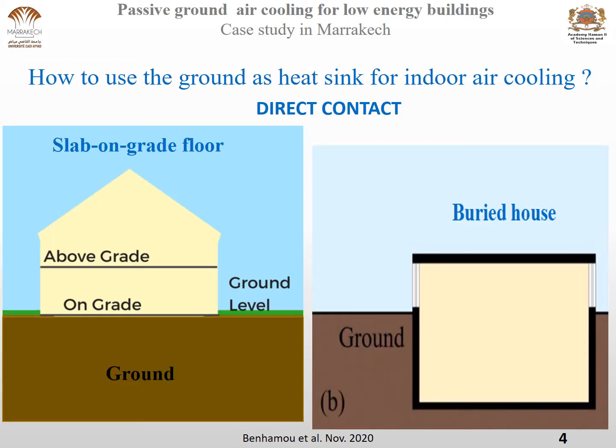So how to use the ground as a heat sink for indoor air cooling? This may be achieved by either direct or indirect contact. Direct contact is represented here by the buried house or the house built on slab-on-grade.